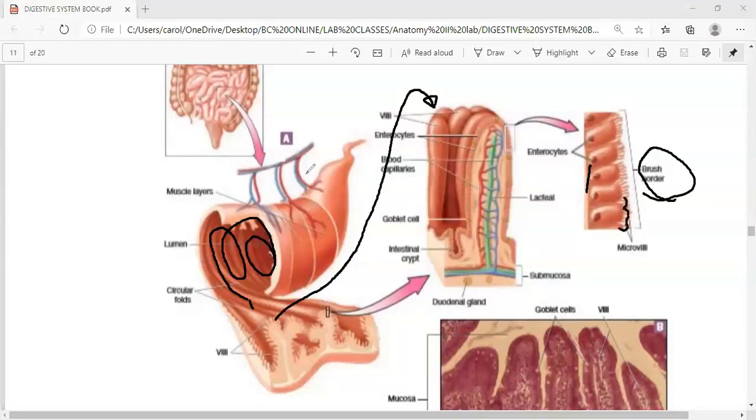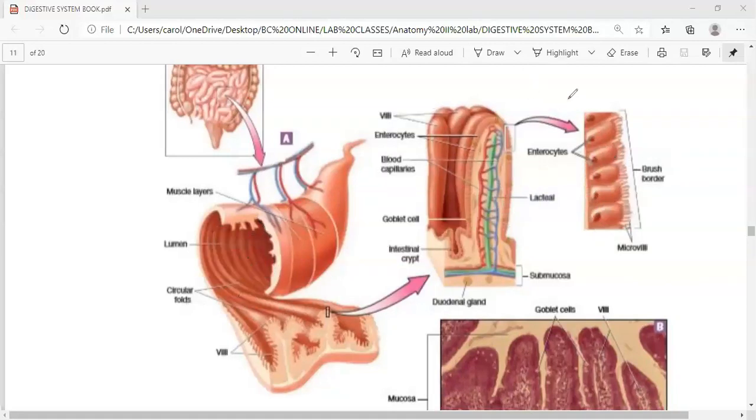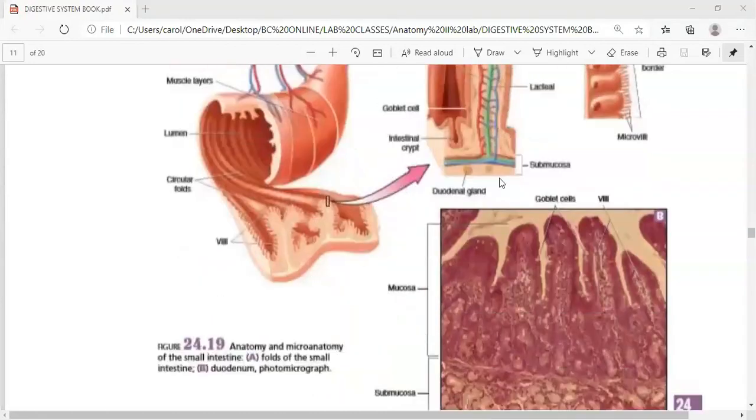So then what's the purpose of these circular folds, these villi, and these microvilli? The job of this is to actually extend the area of absorption that you have in your intestines. So then if we keep scrolling down right here, you can see here how these villi and the microvilli are going to look like. So these are the finger-like extensions right here that we're going to have. Right?